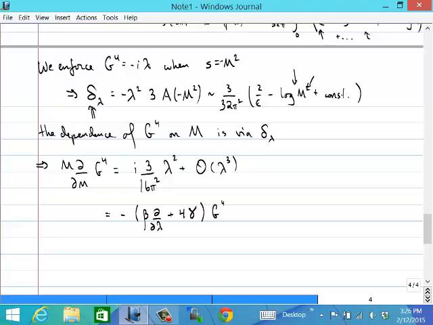And then by comparing those two equations, we can read off the form of the beta function. In particular, that's minus beta d by d lambda plus 4 gamma times the 4-point function, which was minus i lambda plus order lambda squared.